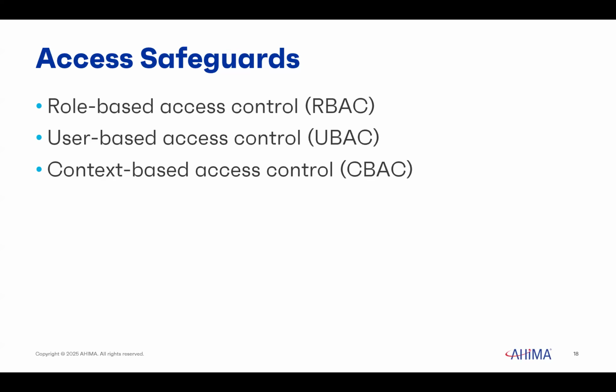Everybody with, say, job code 51513, who's a health information management coder, will get this type of access. Everybody who's a nurse practitioner, physician assistant, or a mid-level practitioner will get this type of access, and so on. User-based access control is a little bit similar, but has one fundamental difference.